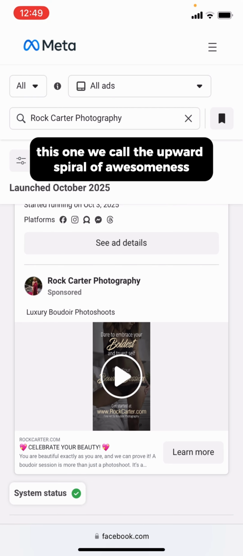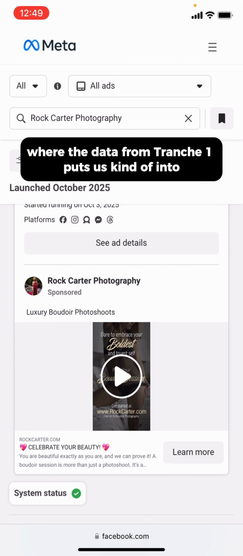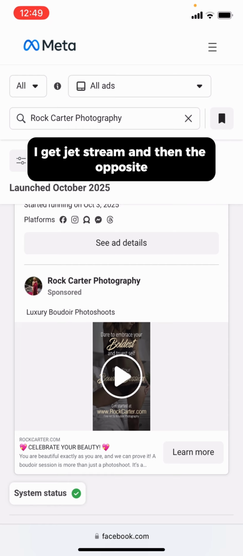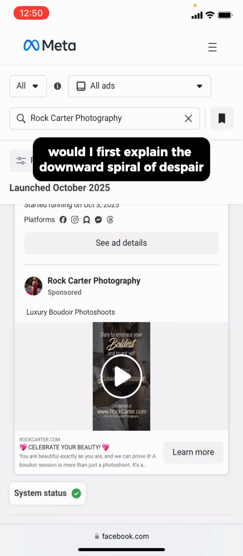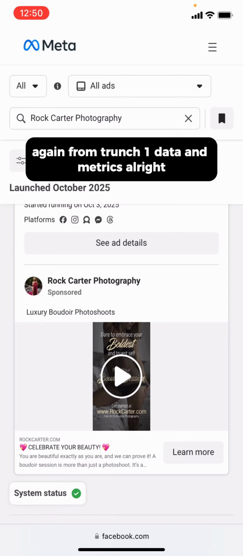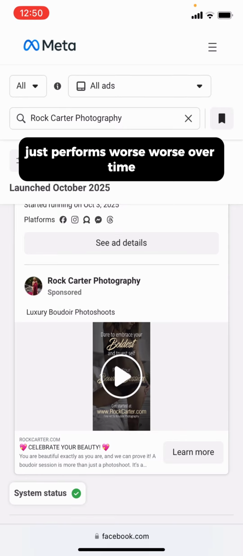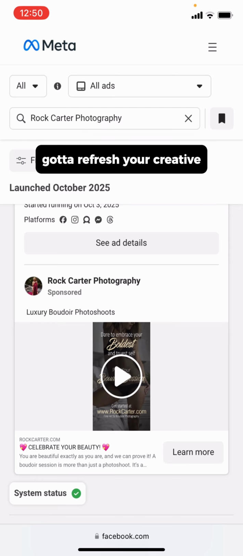This one we call the upward spiral of awesomeness, where the data from tranche 1 puts us into like a jet stream. And the opposite, what I first explained, the downward spiral of despair, again from tranche 1 data and metrics, just performs worse over time, burns out, dies out, and we have to refresh the creative.